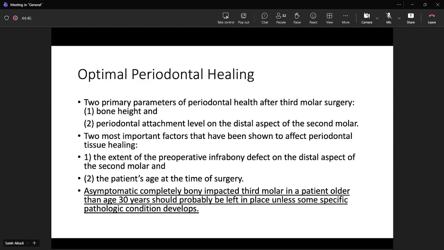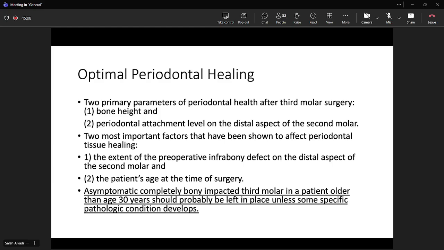And the reason we mention this here is that we need to look at the age of the patient. The age of the patient is a very important predictive factor in predicting the periodontal healing around the second molar after removal of the impacted third molar.